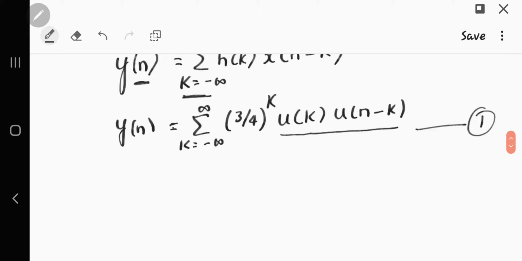If that happens, I will find out for which values of k, u[k] and u[n minus k] will be 1, and I will be left only with (3/4)^k to deal with. So that simplifies my process.